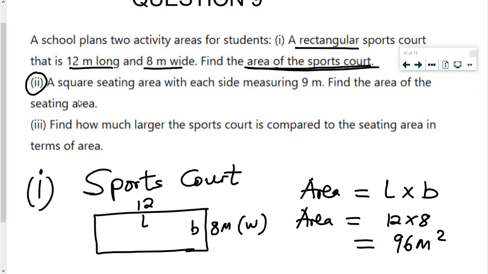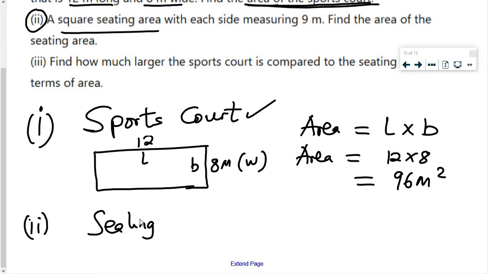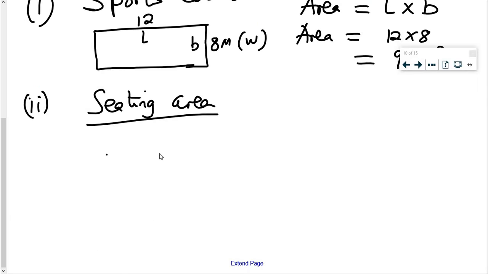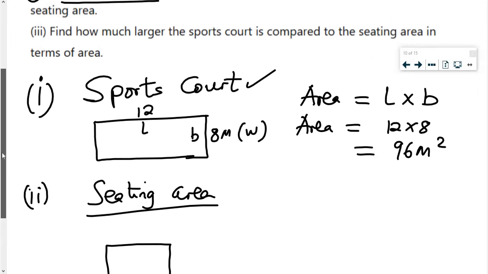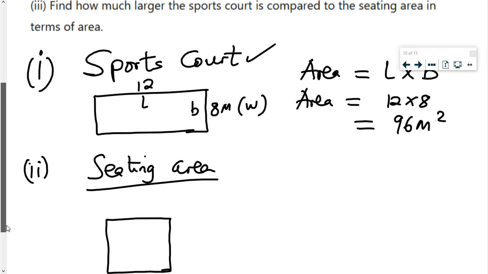Roman 2, a square sitting area. So that is done for sports court. Then you go for a square sitting area. Now sitting area takes the shape of a square. So draw a quick square like this. We have a square sitting area with each side measuring 9 meters.